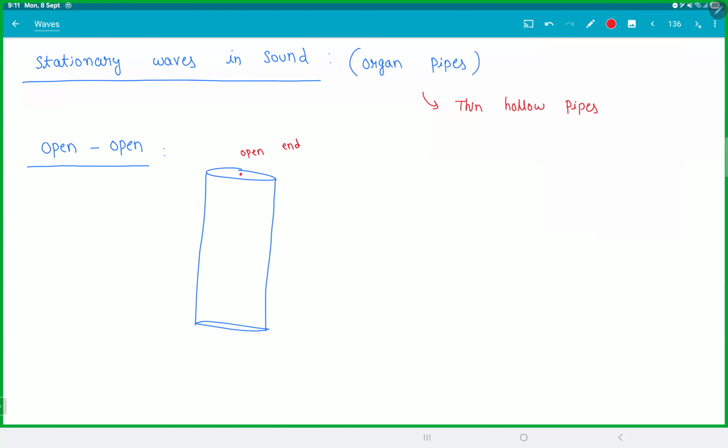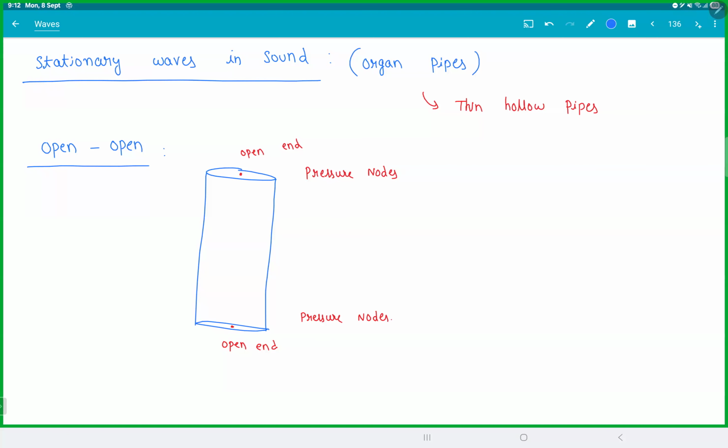So these open ends are actually pressure nodes. What do you mean by pressure node? Again, understand what is a node. In waves on a string, we said a node is a point which does not move. The actual definition is this: a node is a point where the property doesn't change. In waves, that y is not the position or the displacement, it is a property.